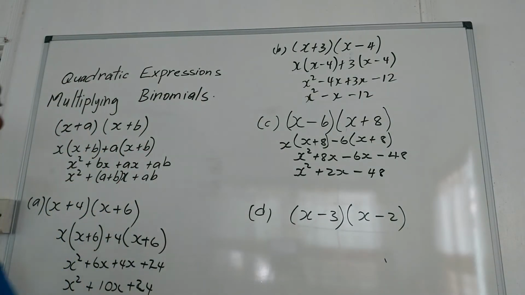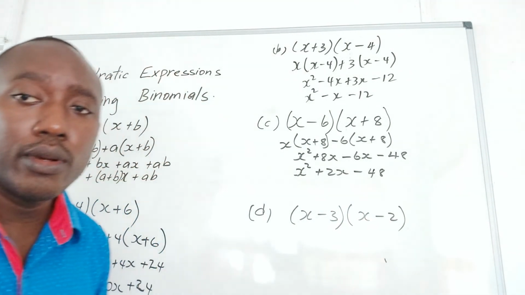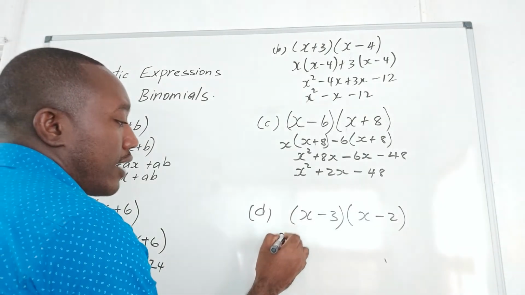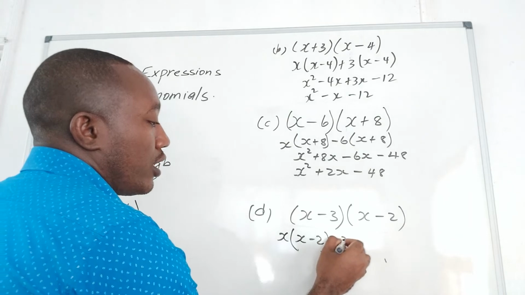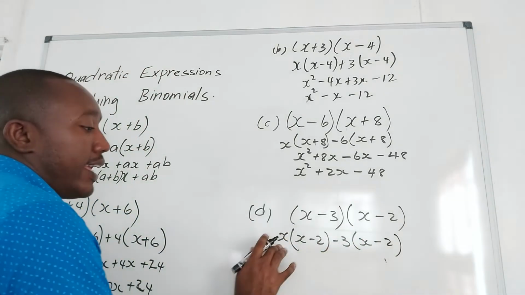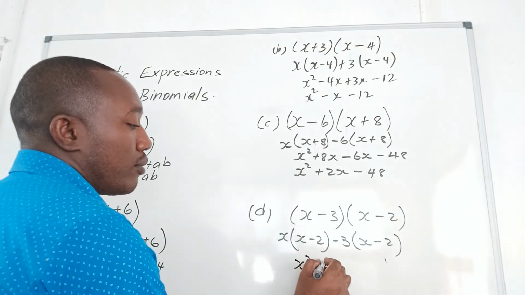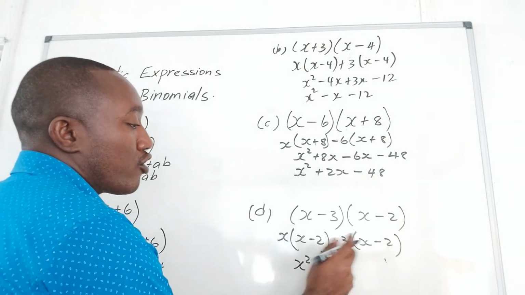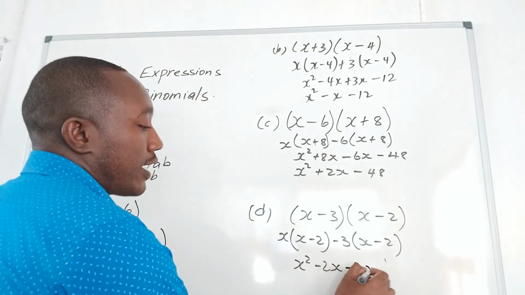And here, what we're going to do is one where both values in our binomial expressions are negative. So we have x minus 2 times x minus 3. So we multiply. x times x will give us x squared. x times negative 2, minus 2x. Minus 3 times x will give us minus 3x.